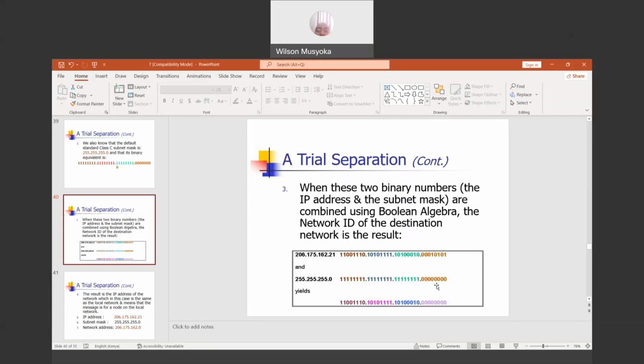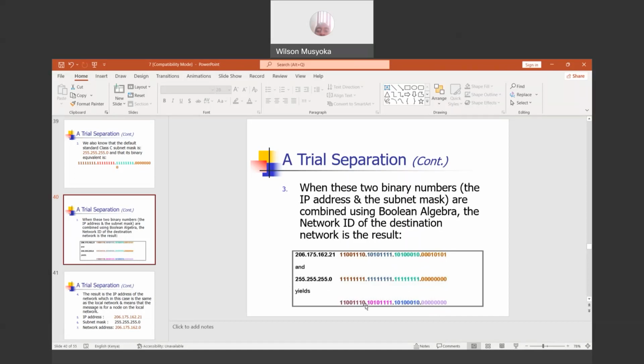When these are ANDed, we said that if it is a 1 and a 0, it is going to be a 0; 0 and 0 is 0; 1 and 0 is 0. That is why everything here comes to 0, followed by this other one, which is ANDed that way. Anything you are ANDing with a 0 is going to be a 0. Only where there is 1 and 1 do you have a 1.